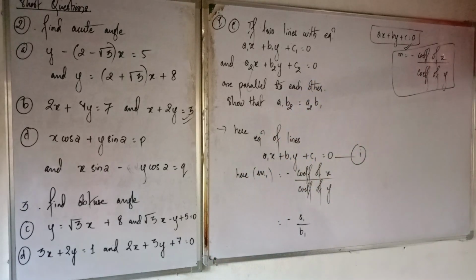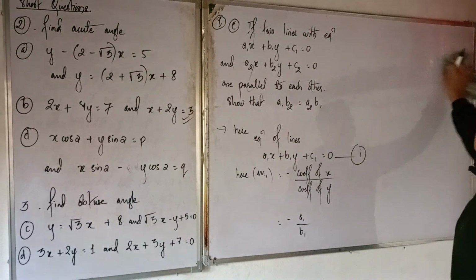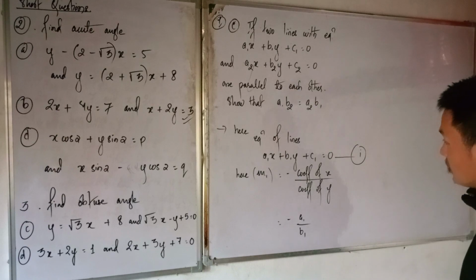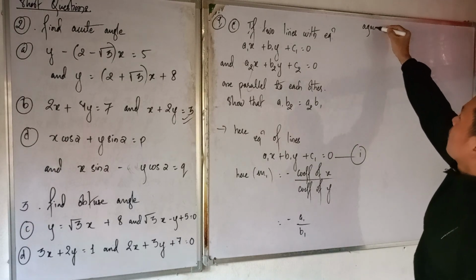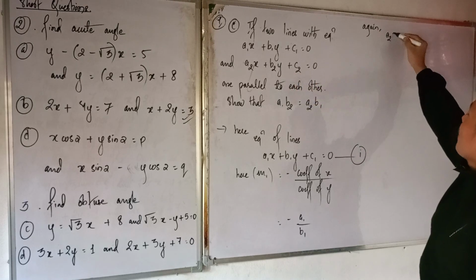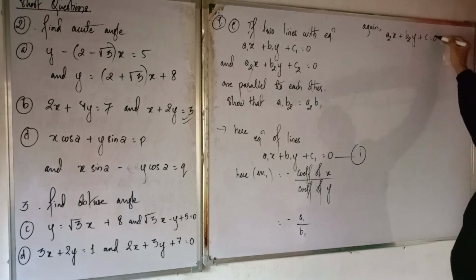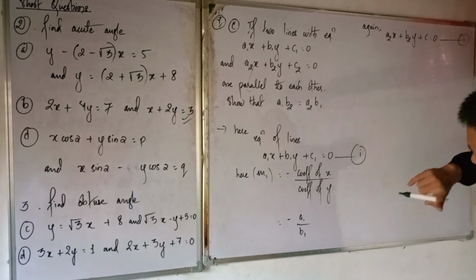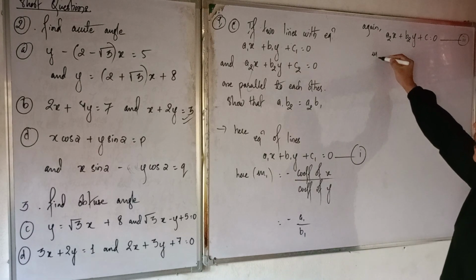Now we have another equation, a2x plus b2y plus c2 equals 0, equation (ii). Let the slope of this line be m2.